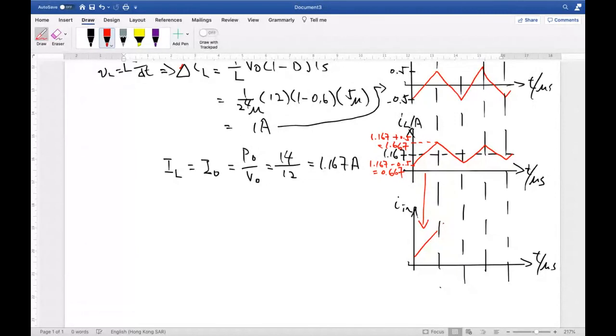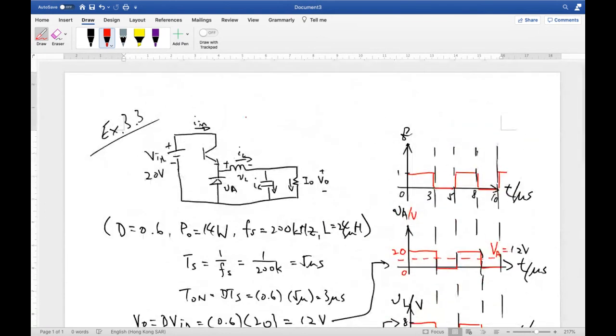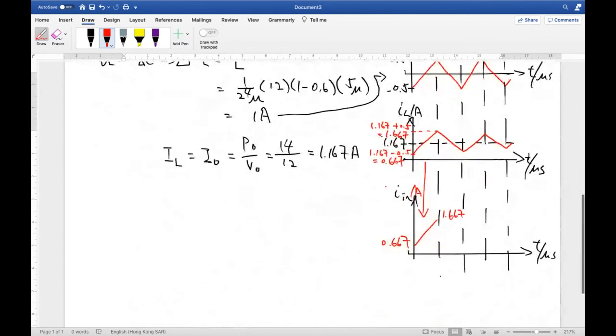So here the peak is 1.667 ampere, and this one is 0.667. Right, and then what happens for the I in during the off state? During the off state, this is off, right? So I in should be equal to 0. So here should be equal to 0. So this is the waveform.